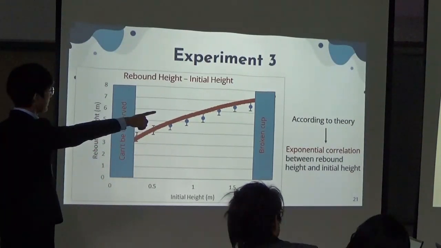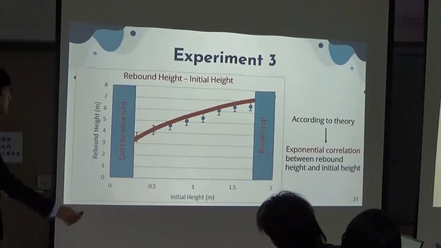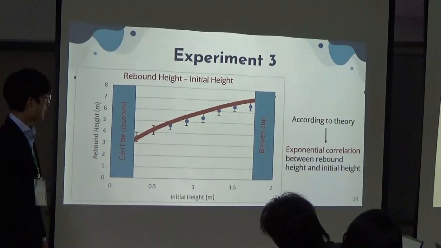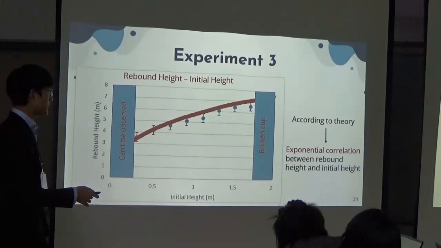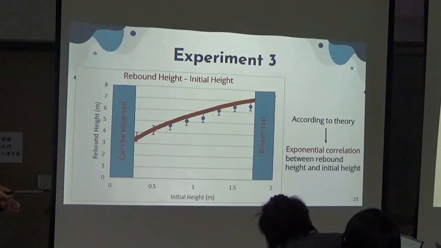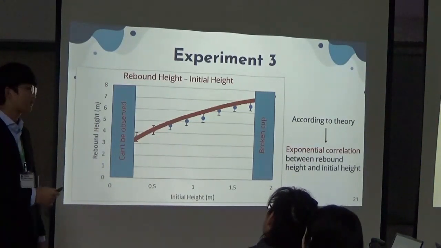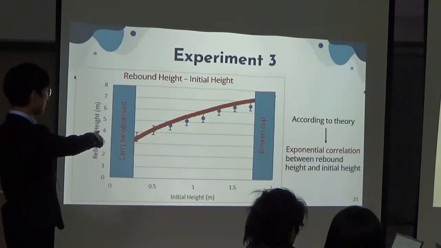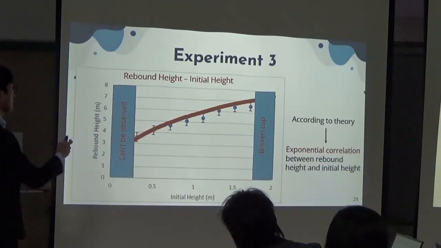Here, the orange line is the trend that our theory predicts, and the blue dots are our experimental data. According to our theory, it is a natural log function, which also means that the rebound height and the initial height should be in an exponential relationship. And the experimental data fits our theory, as you can see over here.